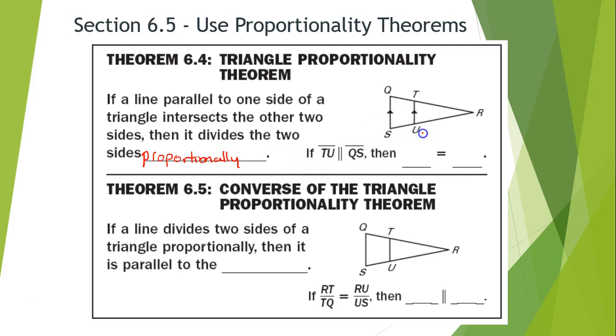Okay, so let's look over here at this figure in this statement right here. So what this is saying is if we know these two sides of our triangles are parallel, then we can say this statement right here, that RT over TQ is equal to RU over US.